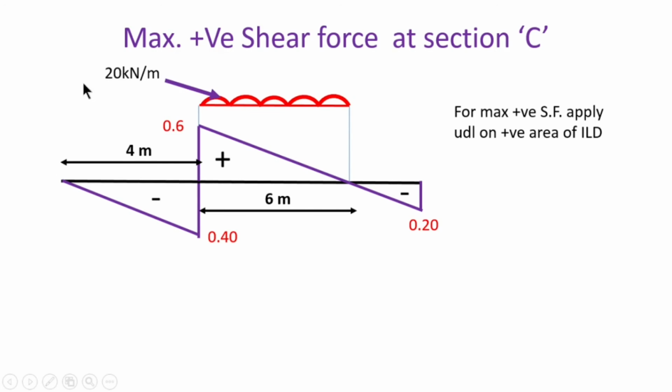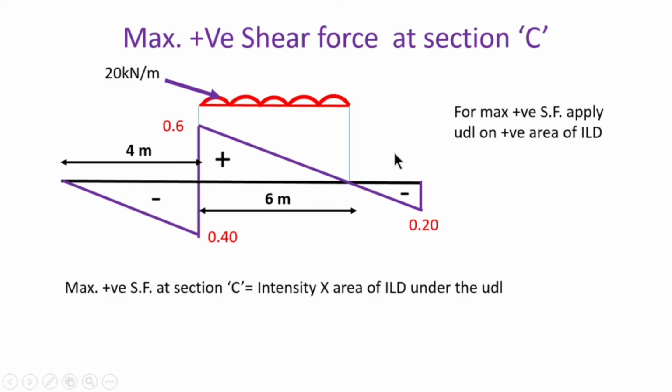The intensity is 20 kN per meter. So the maximum positive shear force is equal to intensity into area of ILD under this UDL. Intensity is 20 and area is 1/2, base is 6 meter and height is 0.6. So the maximum positive shear force is equal to 36 kN.